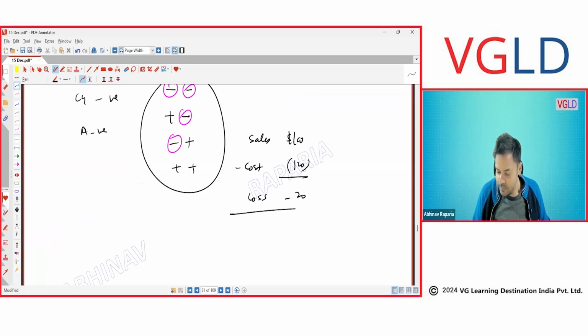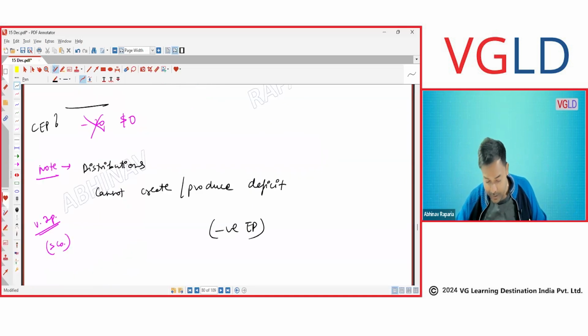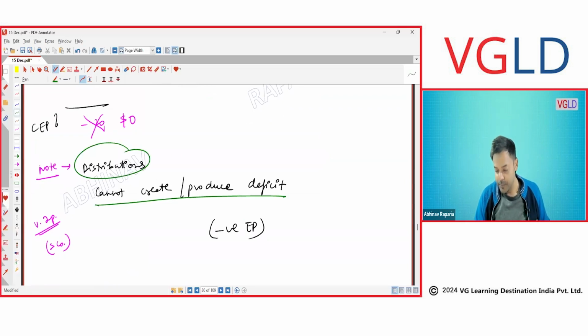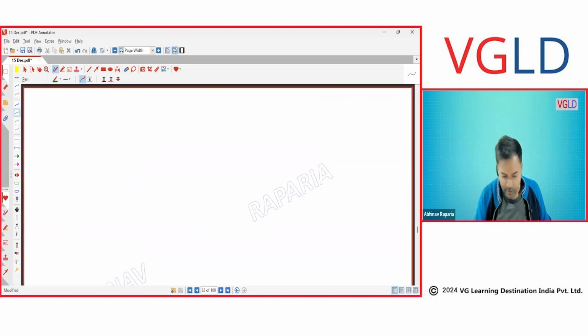That is okay. Because of that, you can have it. But what I have written here, because of the distribution, you cannot have a deficit. Guys, this point is clear. Everyone? Should I move? One tiny last question and then we'll go.